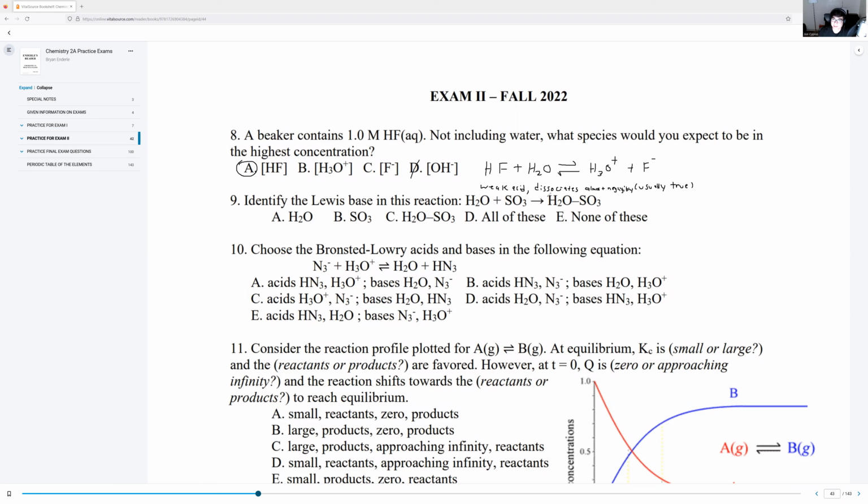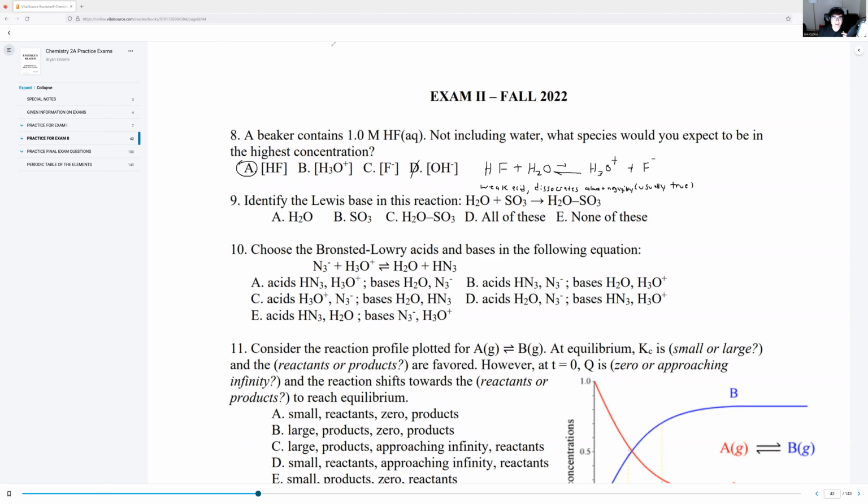You're going to get the most HF in the solution because the equilibrium is favored to the left. If you want to look at this in terms of equilibrium constants, your Ka is much less than 1. It's like 10 to the negative 9 or something. So the forward reaction is not favored.